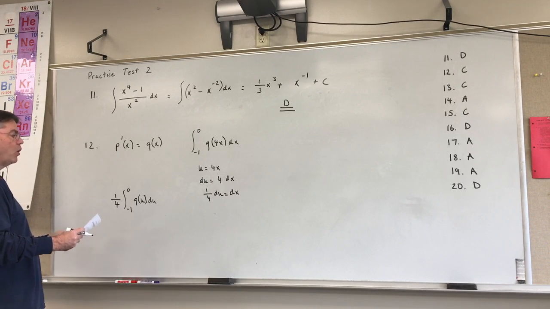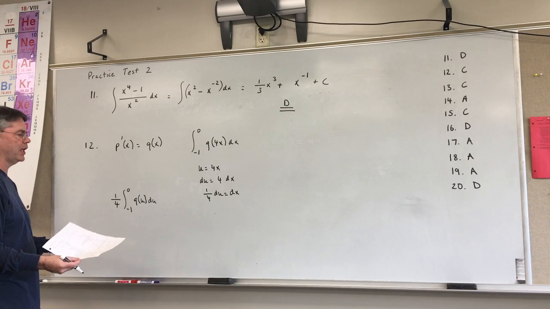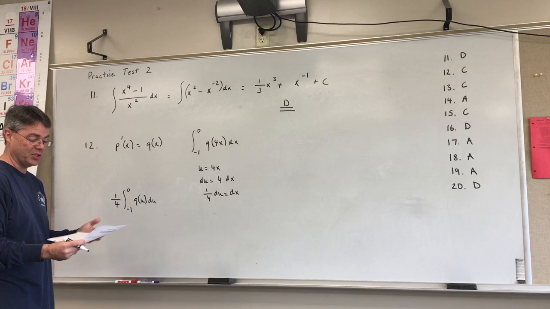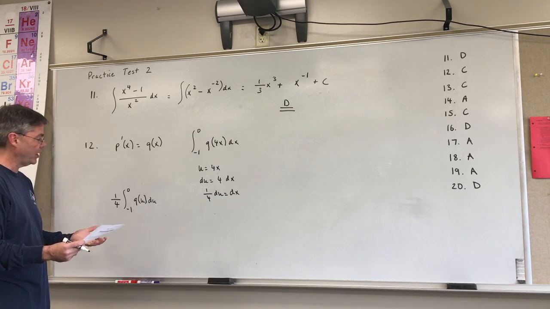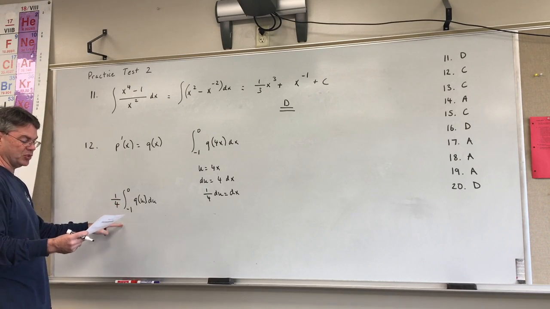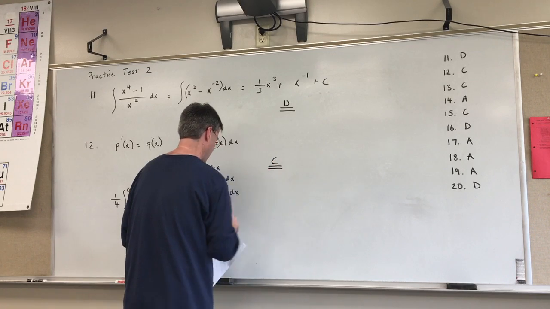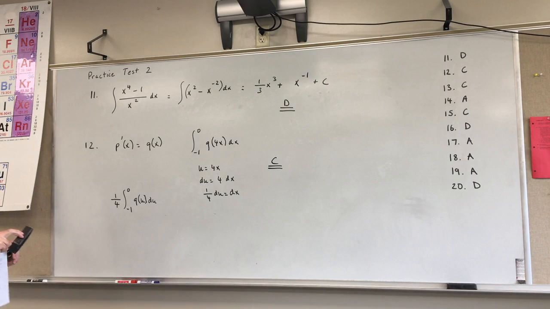So the only answer that will work in this case, without going through a lot of theory on how this works, is you know it's got to have 1/4 in it, so that's going to be C or D. And you know it's the top minus the bottom, so you need a minus, so that's just going to be answer C. So that's one you could probably narrow down and hopefully guess, just knowing how you evaluate an integral. But I'm not going to get into a lot of the theory on this one.